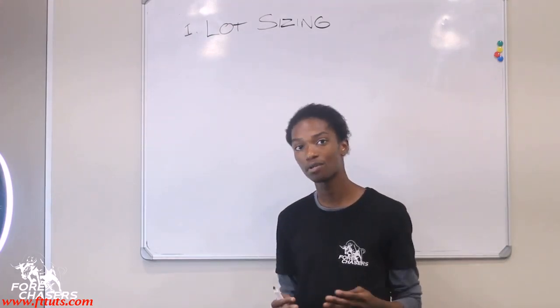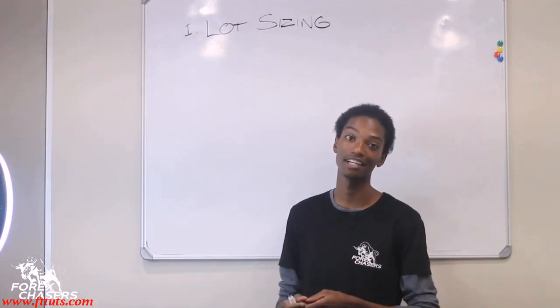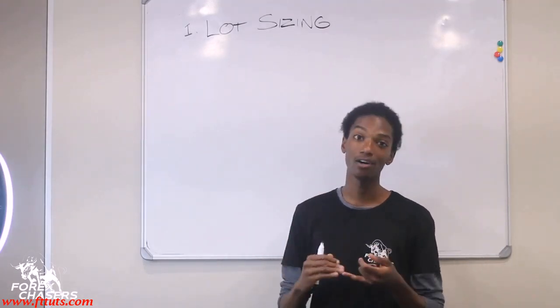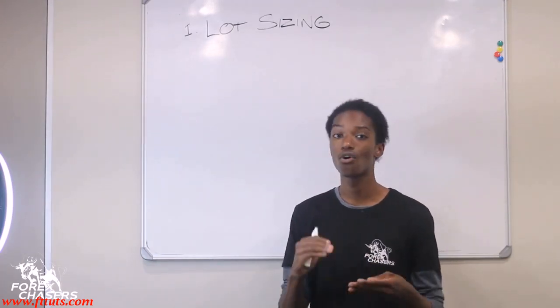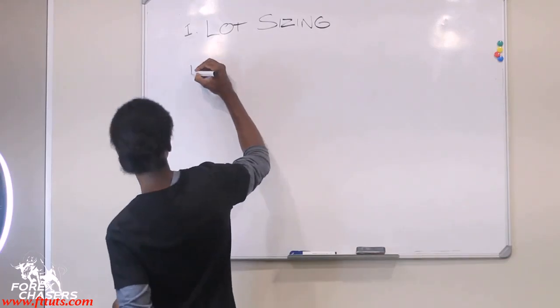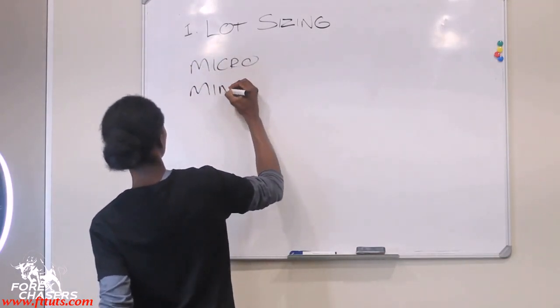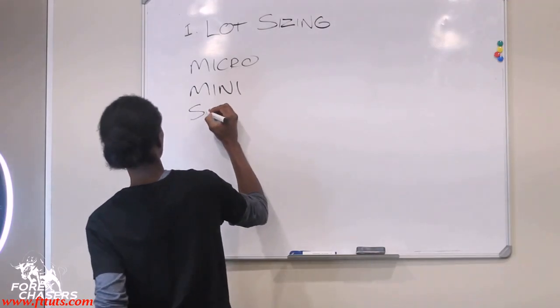If you have been trading for a while, you understand that the basics of lot sizing is using either micro lots, mini lots, or full standard lots. So we're going to get into what a micro lot is, what a mini lot is, and what a standard lot is.